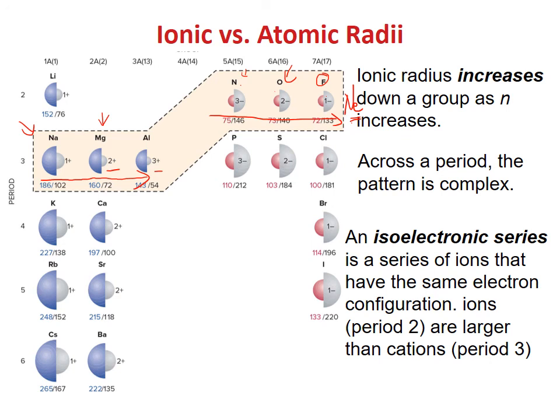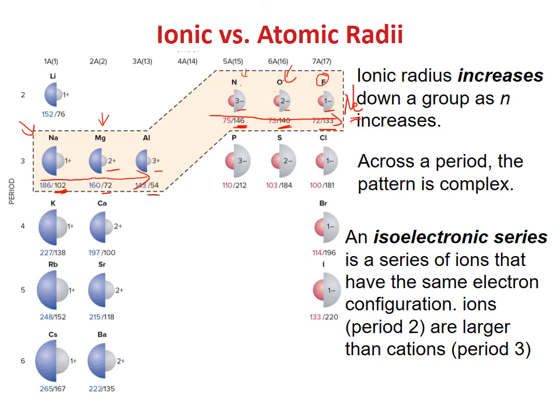So nitrogen 3 minus radius 146, oxygen 2 negative radius 140, so it decreases. Fluoride 133, and then sodium cation 102, becomes smaller. Magnesium 2+, 72, aluminum 54.